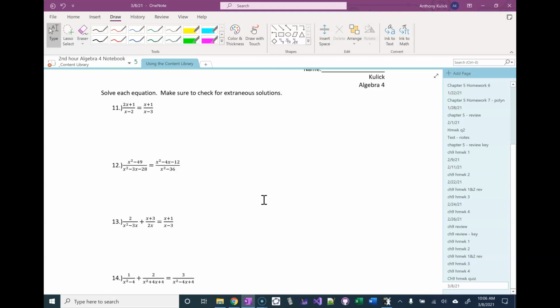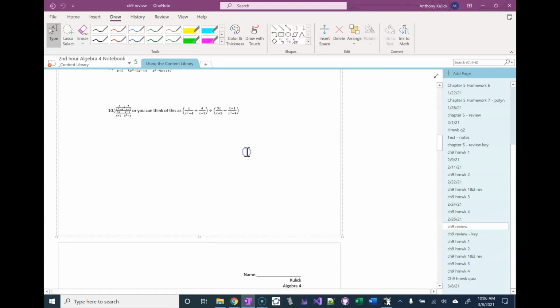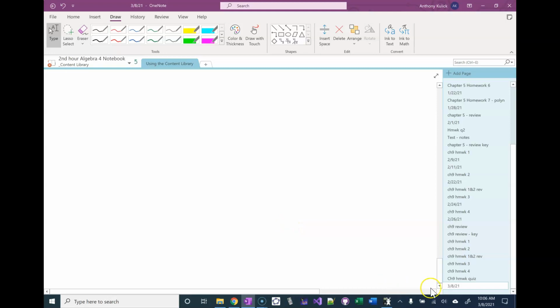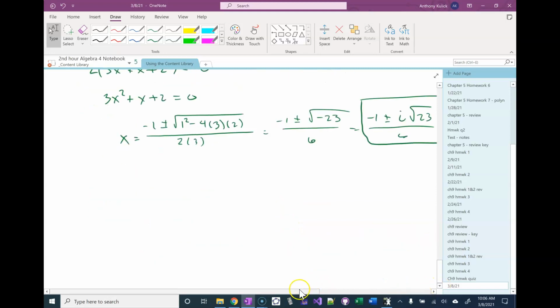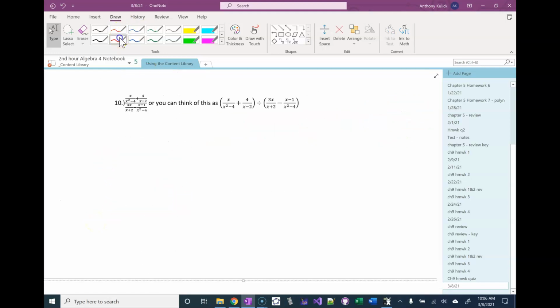So I gave you this yucky looking thing, right? What might be easier for us is to think about it this way. This is the way that I would recommend that you guys think about it. We're just going to do 2 adding and subtracting problems, and then take those answers and divide them.